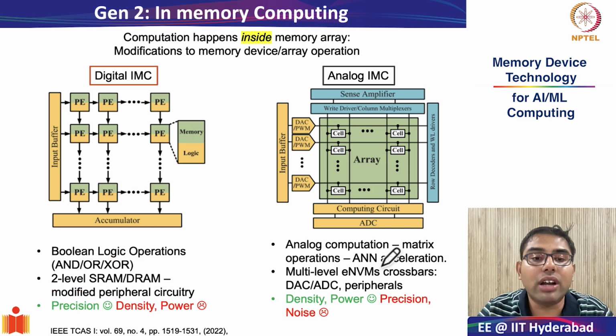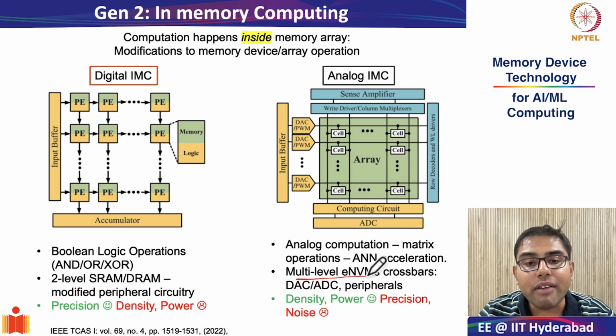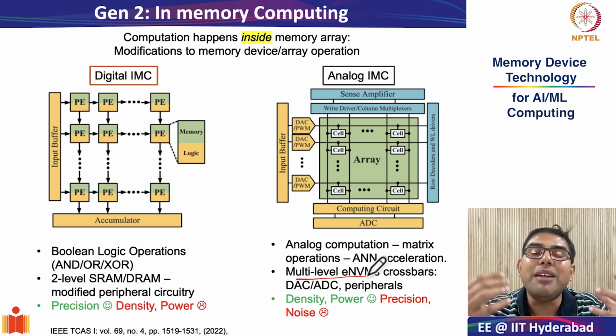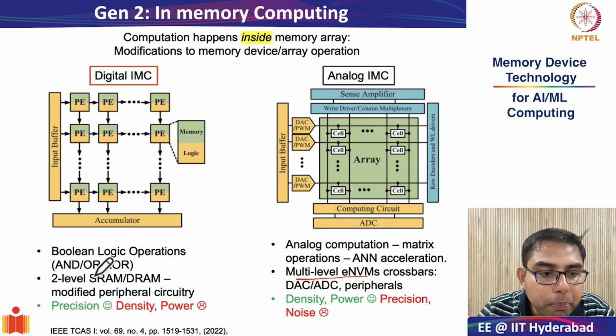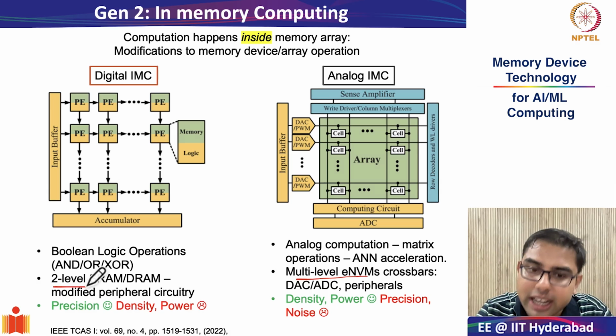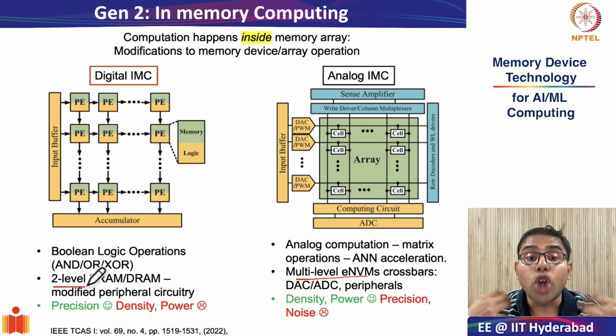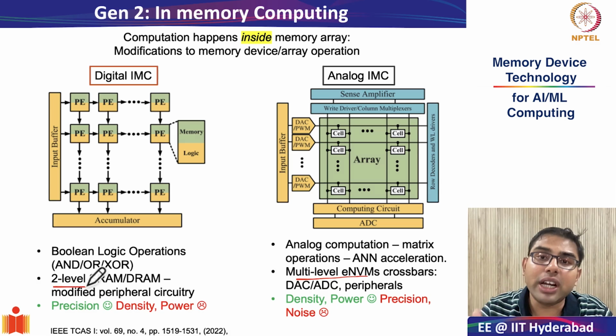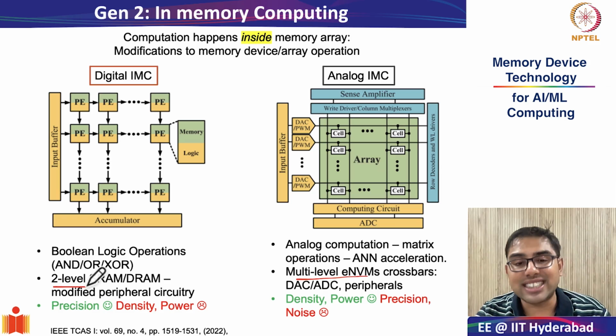And this is generally achieved using multi-level electronic non-volatile memories. So here your simple two-level SRAM and DRAM conventional memory will not help. You will have to go to non-volatile memories, especially those which can offer you multiple non-volatile resistive states.